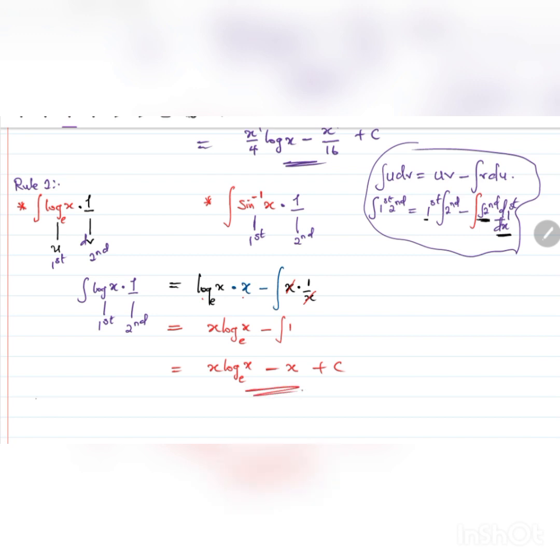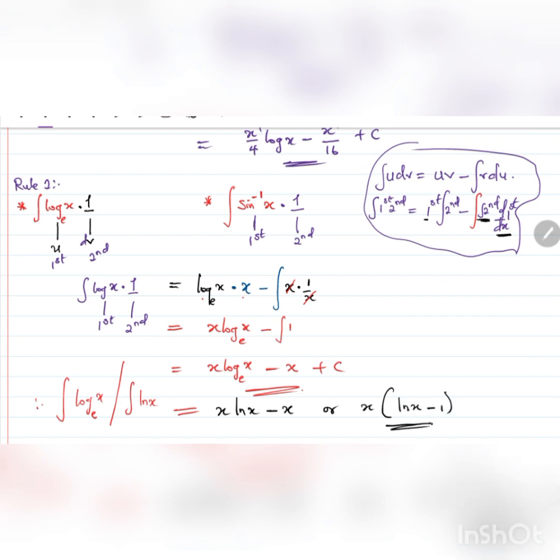Final answer. Therefore, the integral of log x to base exponential, or we call it the integral of ln x, is the same thing as x ln x minus x, or we can factorize it as x into bracket ln x minus 1.